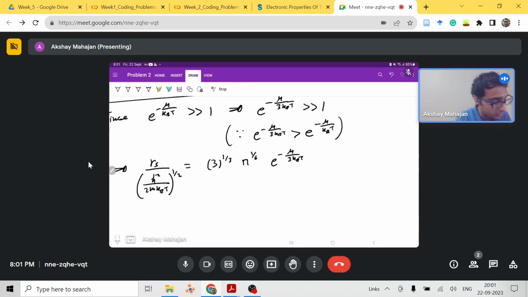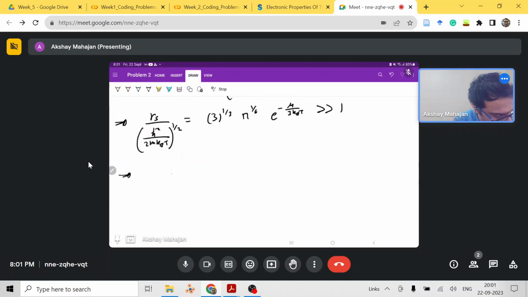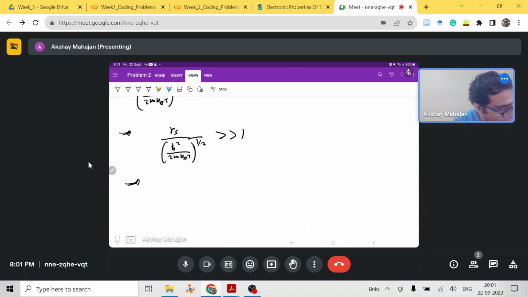Now since e to the power minus mu upon 3 kBT is much greater than 1, and 3 to the power 1 by 3 pi to the power 1 by 6 is some constant, that will also be much greater than 1. This implies that rs upon h square upon 2m kBT to the power 1 by 2 must also be much greater than 1, which implies that rs must be much greater than h cross square by 2m kBT to the power 1 by 2.